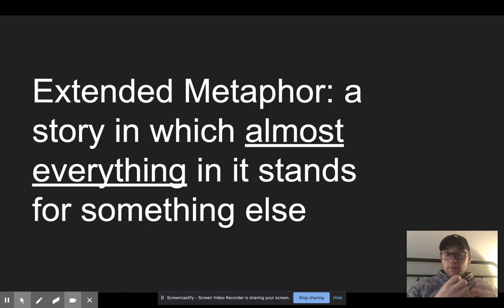But the more advanced version is looking at a metaphor and not only looking at two unlike things, but looking at an entire story or an entire section of a story and how that section of text can be a metaphor for something larger, something bigger. We're going to be taking a look at what an extended metaphor is in real life with the chapter known as The Turtle.